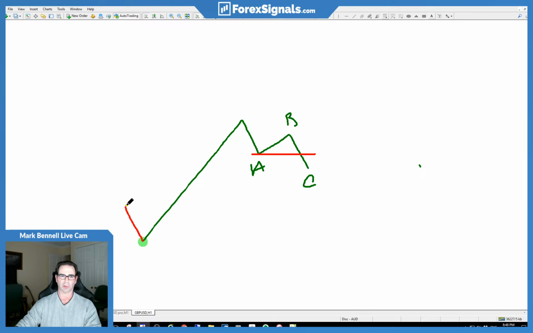So let's imagine we've got a trend like this. Here's our most recent anchor. Well, a lot of people see this as a lower high. So a lot of traders will enter on the break of this swing in between. So we've got this trap situation occurring in here as well.